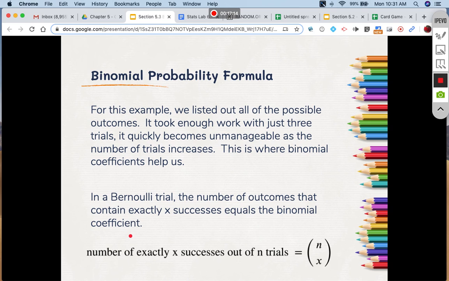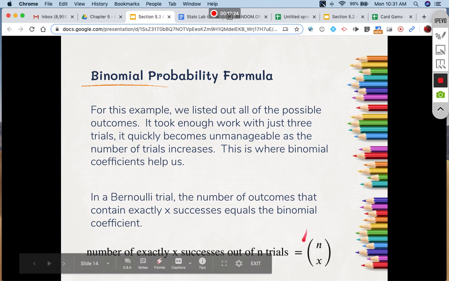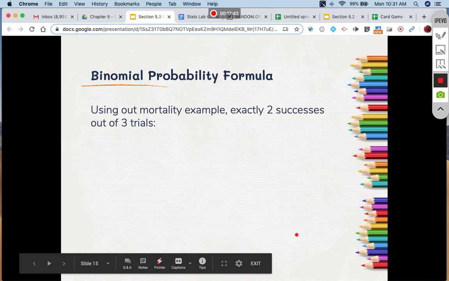The number of successes is going to equal the binomial coefficient. So if we have 3 trials and 2 successes, we can do 3 choose 2, and that gives me how many of those options give that situation.